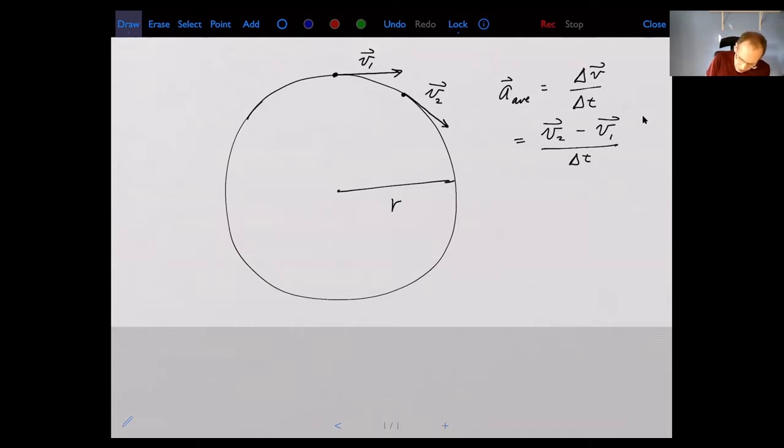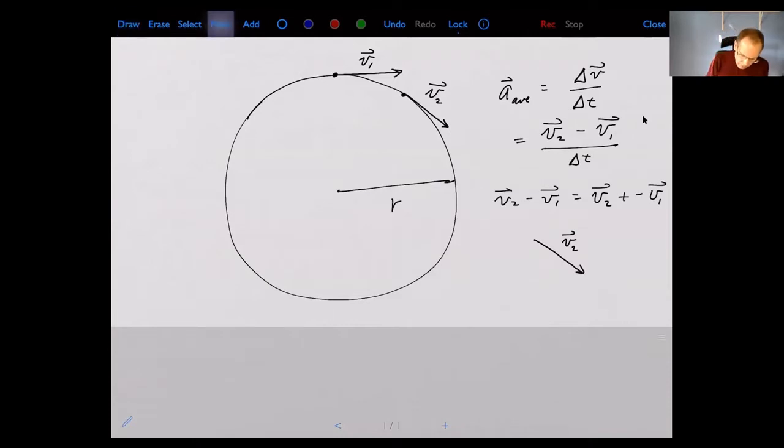And then v2 minus v1, I can write as v2 plus a negative v1. When I subtract vectors, it's the same as adding the opposite of that second vector. So what does that look like? Well, in this case, if I draw v2, remember v2 looks something like this. So this is v2.